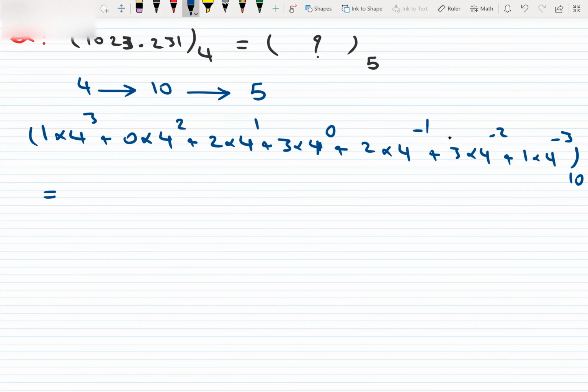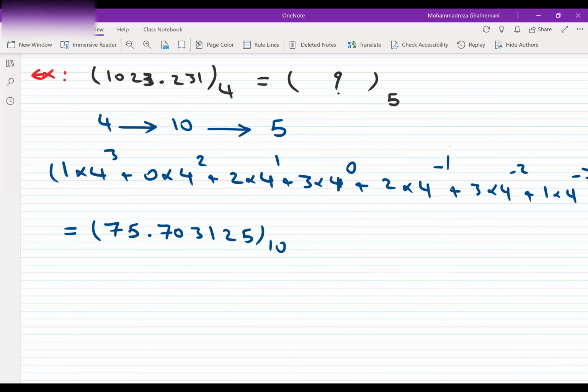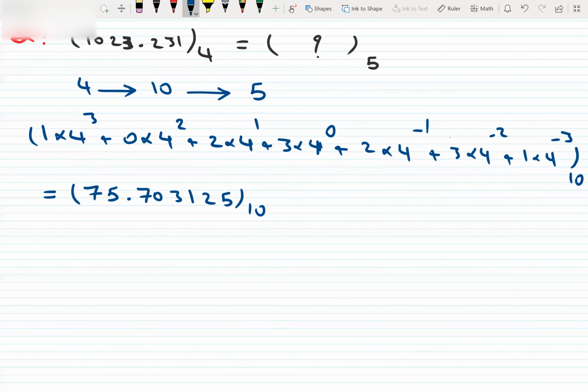If we calculate this number, the final answer in base 10 is 75.703125.